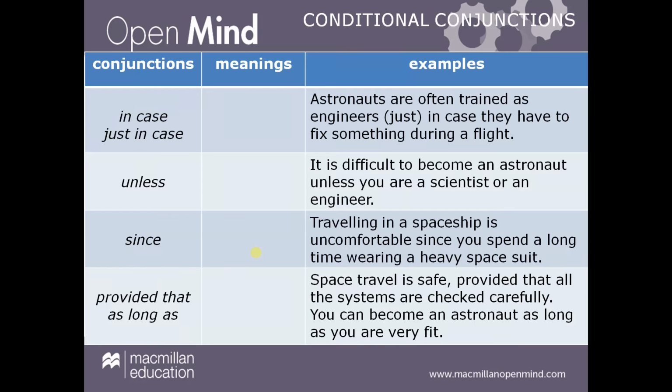Okay, so here we've got the conjunctions on the left and the meanings, and an example on the right. When we say just in case, or simply in case, what's the meaning we've got there? Well, we're saying because it is possible that something will happen. Read the example.